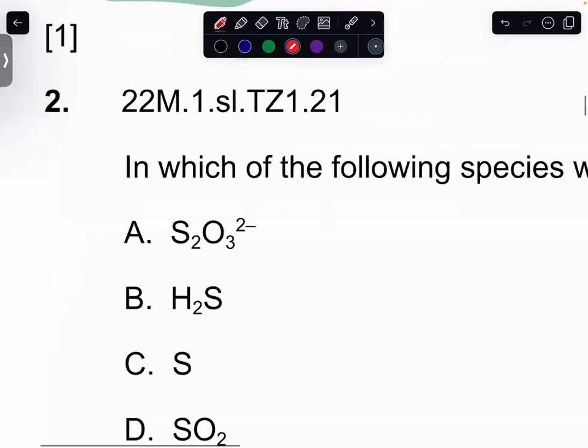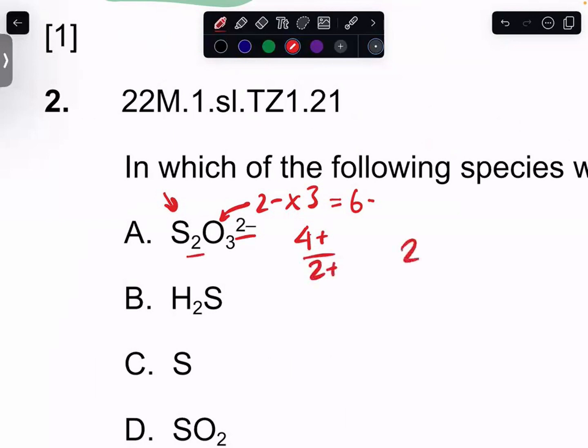So let's start with A. S2O3 2 minus. Again, each oxygen is 2 minus times 3 of them for a total of 6 minus. The overall thing has a 2 minus charge, which means the sulfurs total 4 plus, but we have 2 of them, so each one's going to be 2 plus.